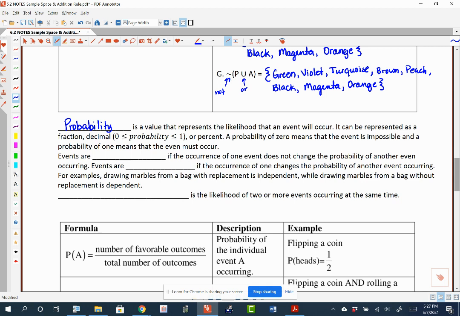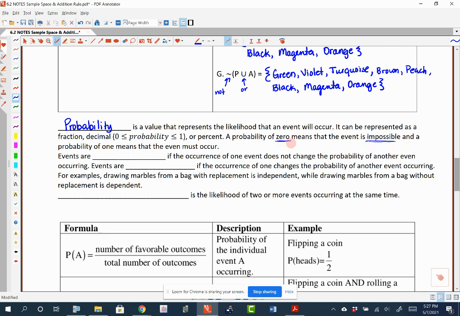So a probability is just a likelihood that an event will occur. And it can be represented as a fraction, a decimal, which we just want it to be between 0 and 1, or a percentage. A probability of 0 means that an event is impossible.